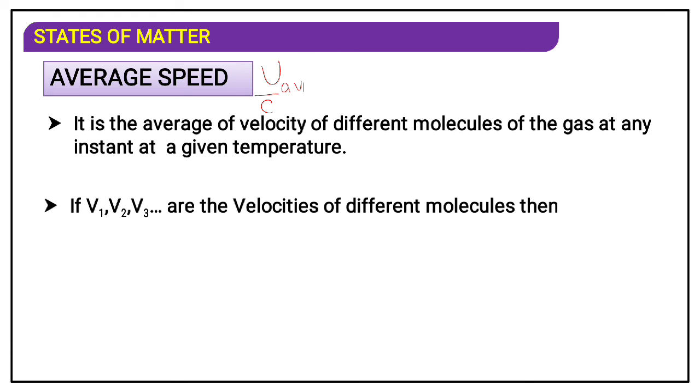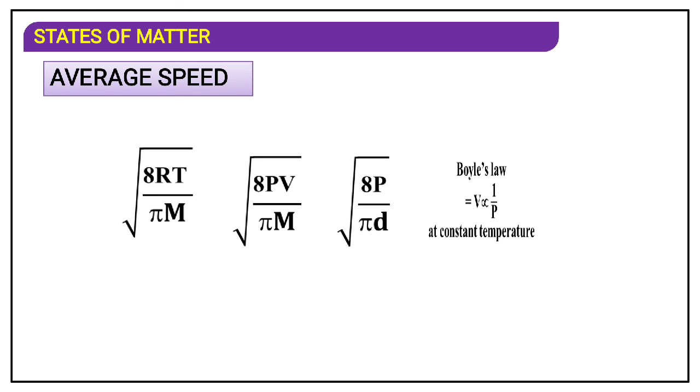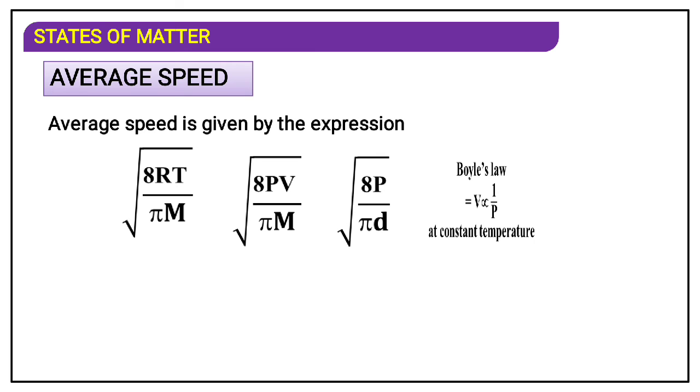Suppose v1, v2, v3 are the velocities of different molecules present. Then U average equals v1 plus v2 plus v3 and so on, divided by N, because there are N number of molecules. Now this is the formula to calculate the average speed.